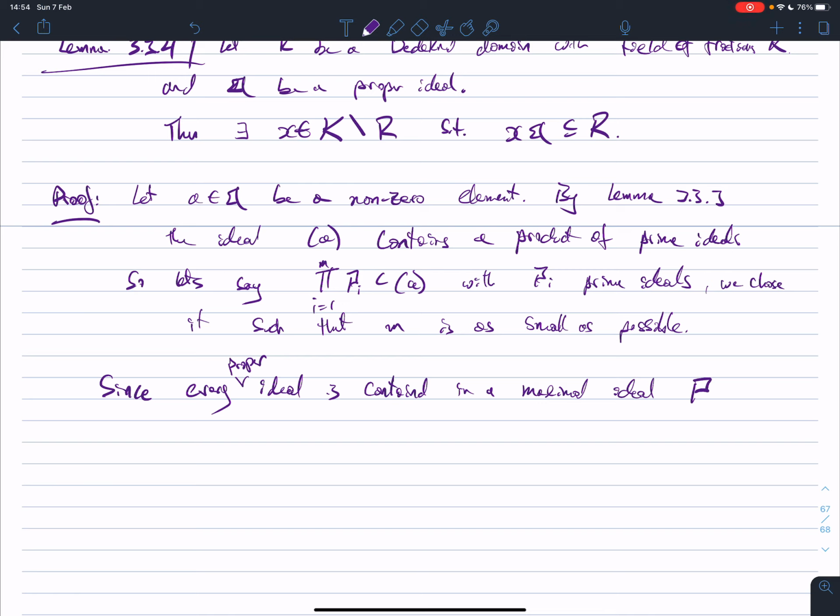So A is contained in a maximal P, and all maximal ideals are prime, so P is also prime.